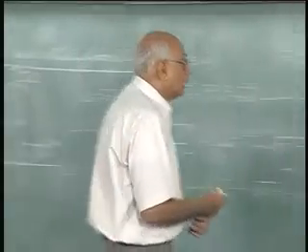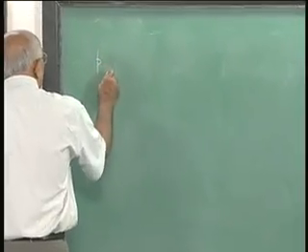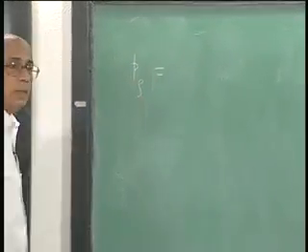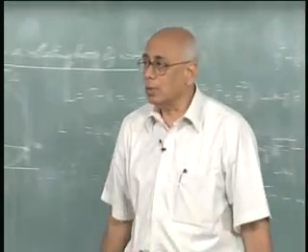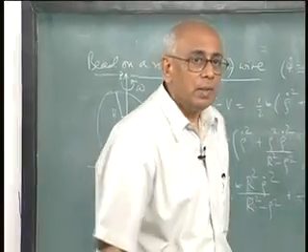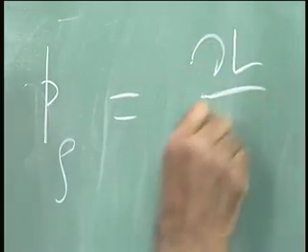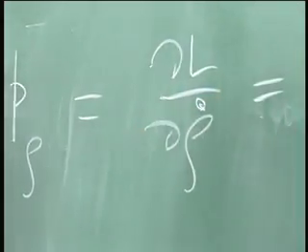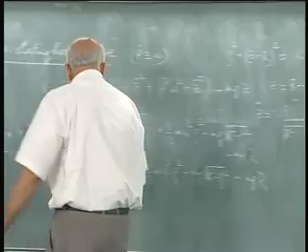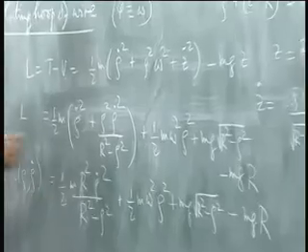And what would you do? You would first start by defining a P sub rho, the momentum conjugate to rho, the radial momentum, as equal to delta L over delta rho dot. And what is that equal to? That is highly non-trivial. It has this whole mess here.